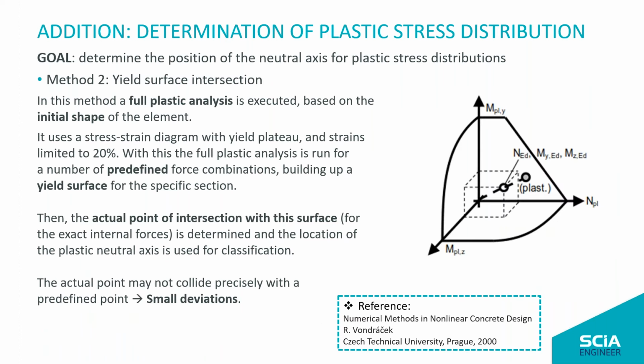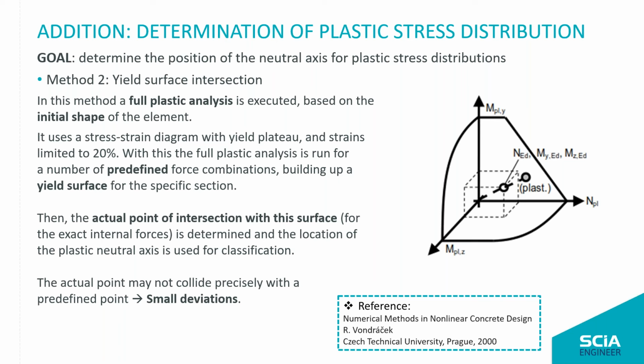A next way to tackle this issue is to find the actual plastic stress distribution and the location of the plastic neutral axis inside our core section. For this, you have the method 2 inside SCIA Engineer, yield surface intersection. What we will do is we will try to find different points on the yield surface of this section, so different combinations of the moments in both direction and the normal force where the section reaches its maximal distribution of stresses before failure.